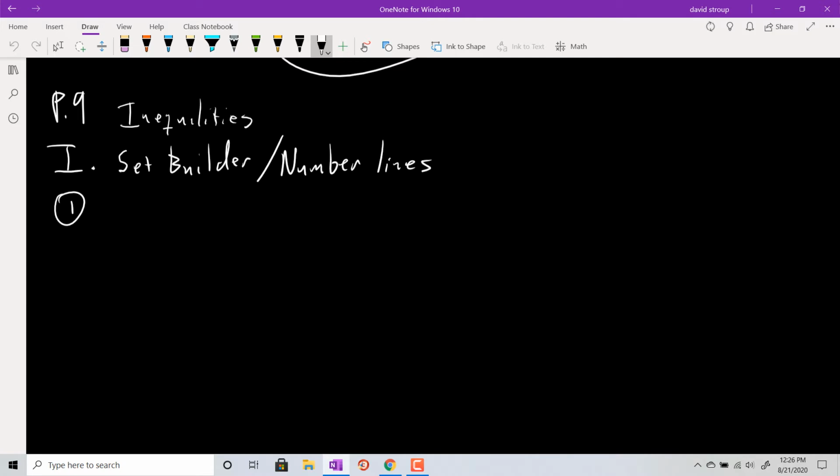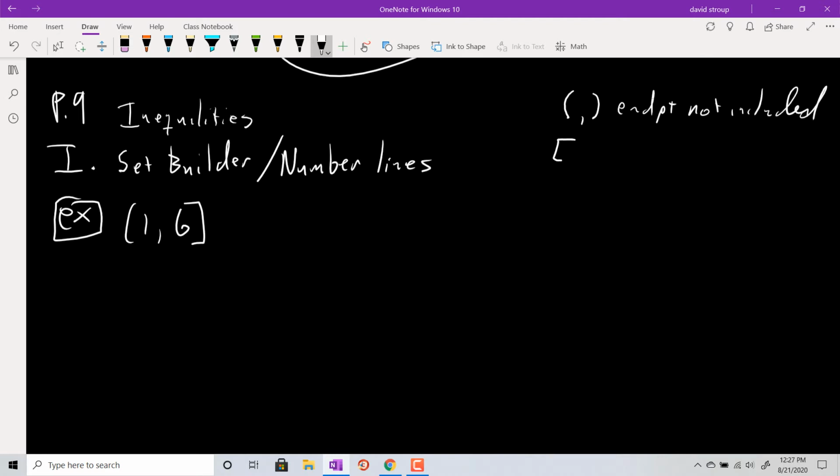So, for example, and this may or may not be number 1 in the book anymore. They always change the editions. Let's say we have the interval from 1 to 6. Okay? So first off, parentheses means you don't include the endpoint. Endpoint not included.